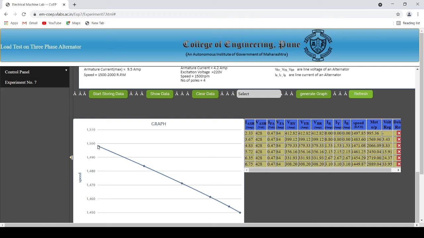From that, on increasing every load, the speed will be decreasing steadily, and at some point we get 1450 as our last reading. It is similar to the table, which is also clearly shown in the graph. Now the whole simulation has been performed.